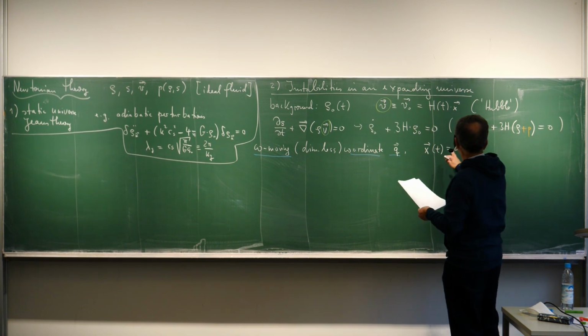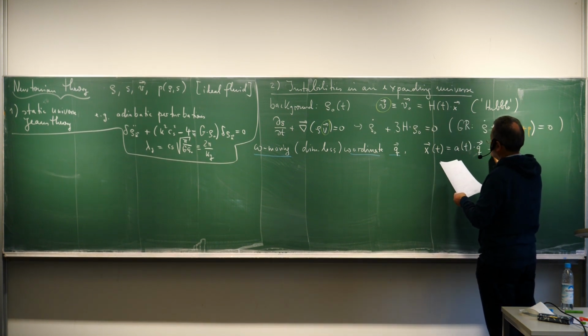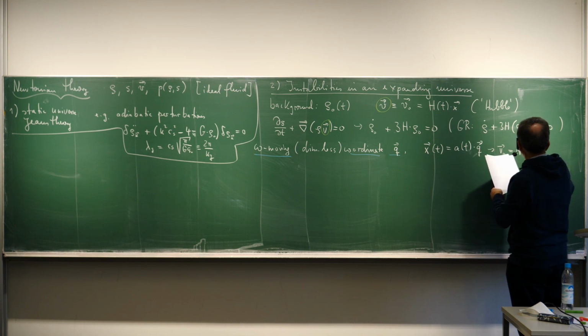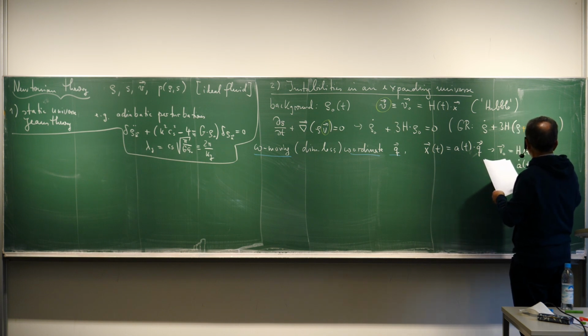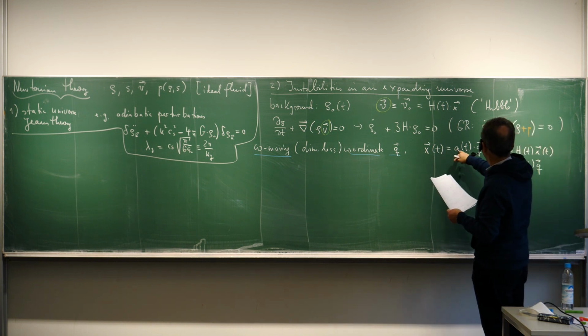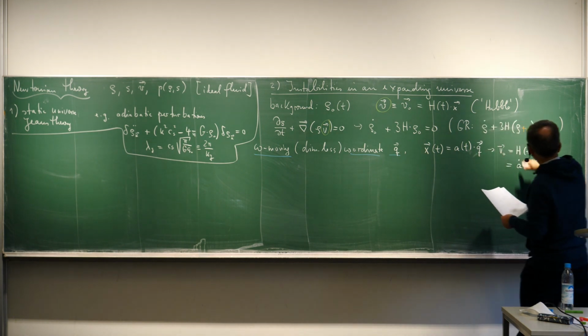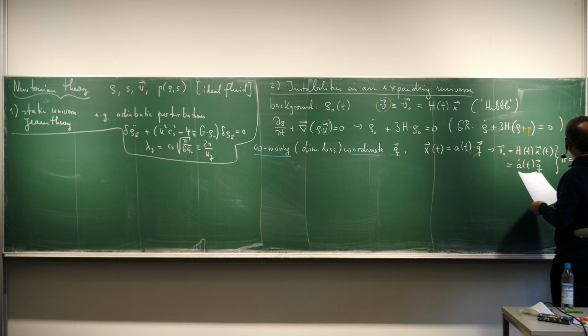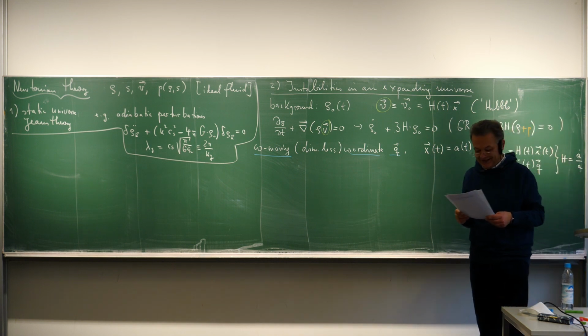Now it's clear if we have this, that from this we get the velocity is, okay, that's written down here, h of t x of t, but this is then a dot of t times q, because this is just a derivative of this, so a dot times q. So you get from this, of course, that h is a dot over a, as we anyway know from relativity.